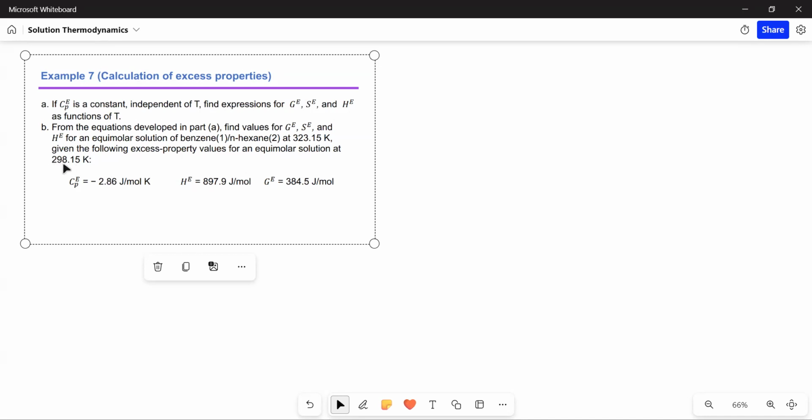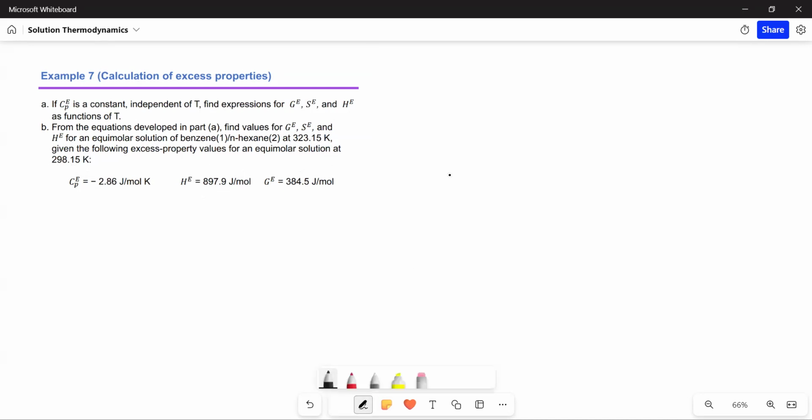The one at 298.15 is given, but what is being asked from us is to find the values at a different temperature, at 323.15.